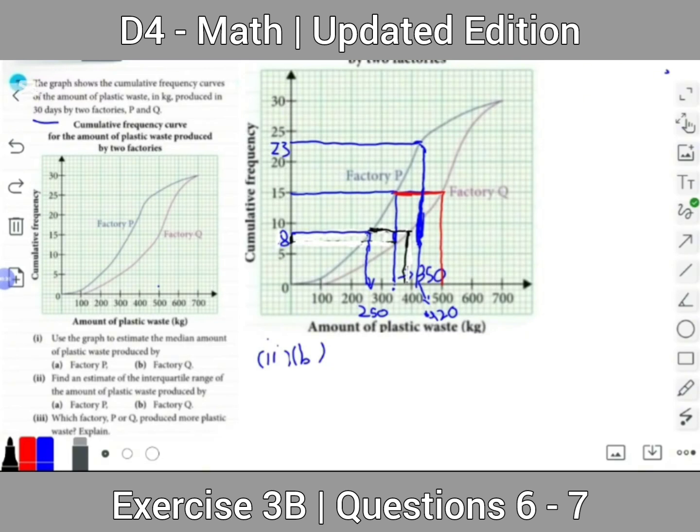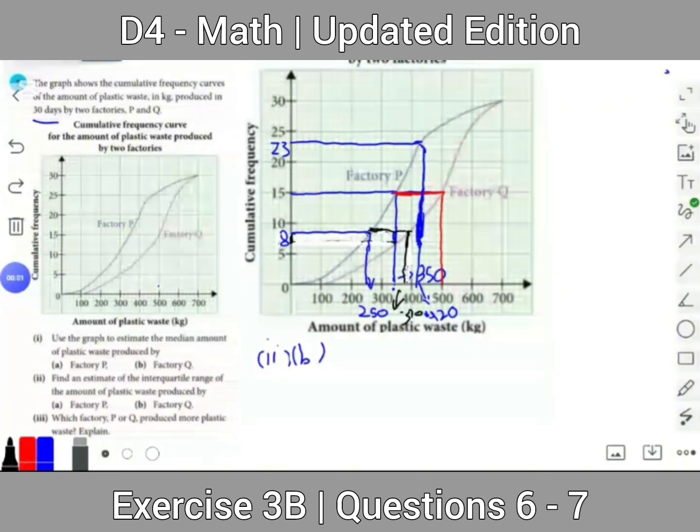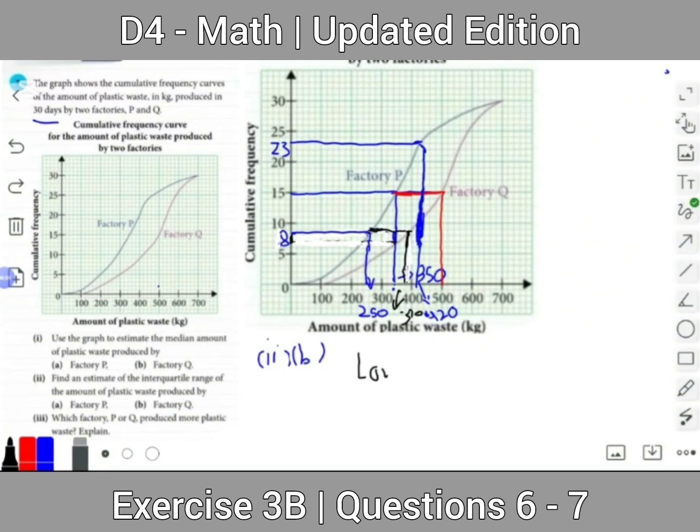So here we have the values 320, 340, 360, 380. So the value lies somewhere between 360 and 380. So the value is roughly approximately 370. So the estimated lower quartile Q1 is equal to 370 kgs.